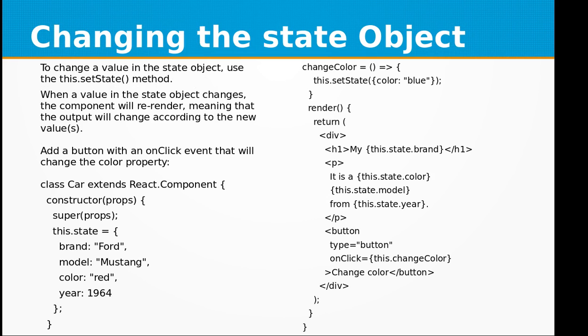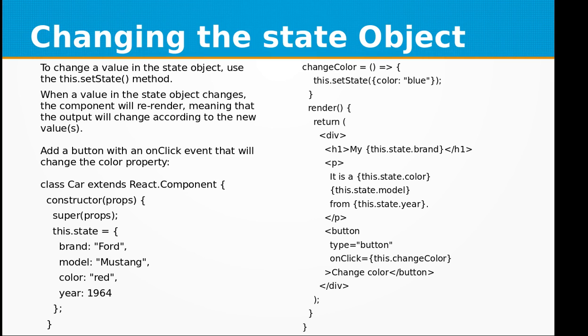Changing the state object. To change a value in the state object, use the this.setState method. When a value in the state object changes, the component will re-render, meaning that the output will change according to the new values. Add a button with an onClick event that will change the color property.